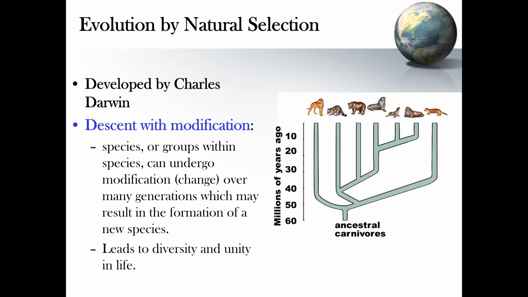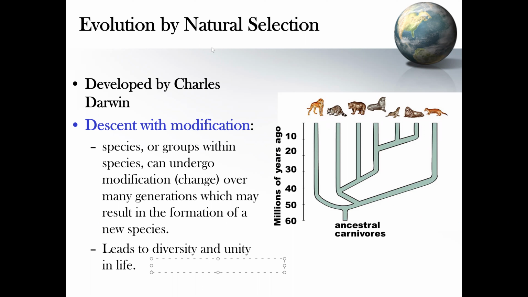So this is what we call a phylogenetic tree. Now, when Darwin was first developing his ideas about evolution, he called it descent with modification. And that is the process that leads to the formation of new species.